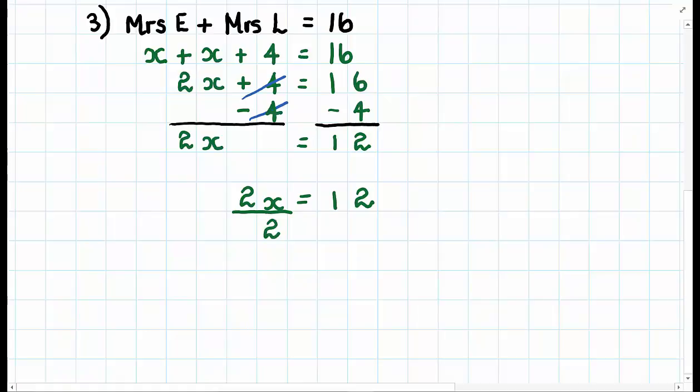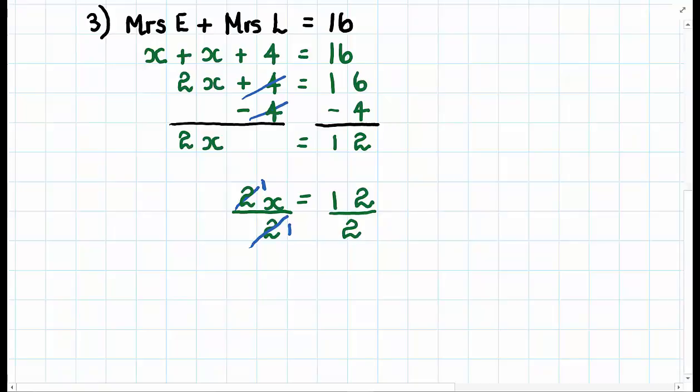And what we do to one side of the equation, we do to the other. We divide the right-hand side by 2. So 2 goes into 2 once. 1 over 1 is 1. Any number over 1 is the number itself.